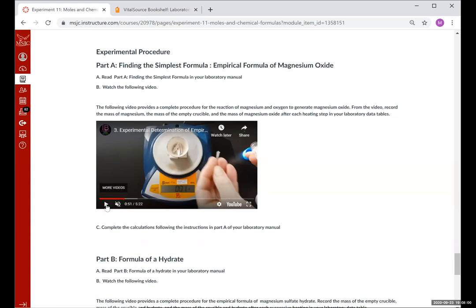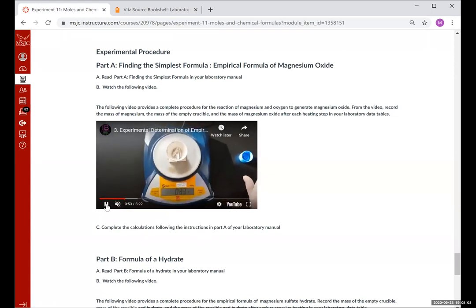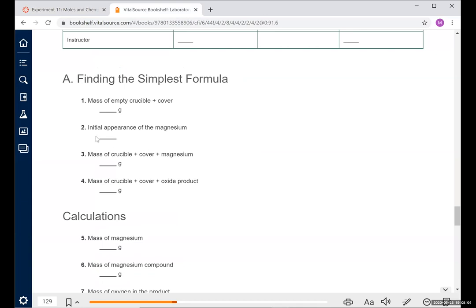Likewise, when they add the magnesium, you're going to then record the appearance and mass of the crucible and the magnesium. Does that make sense to everyone? Does everyone see how the video matches what data you're collecting? Any questions on that so far?